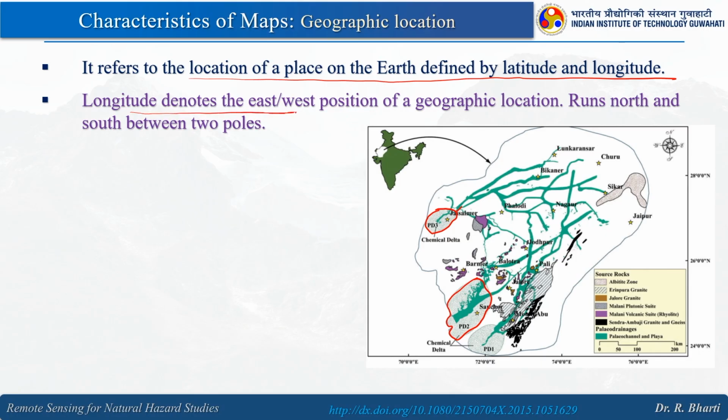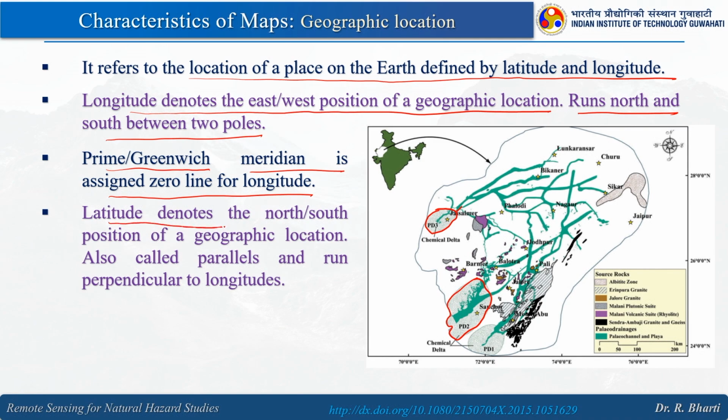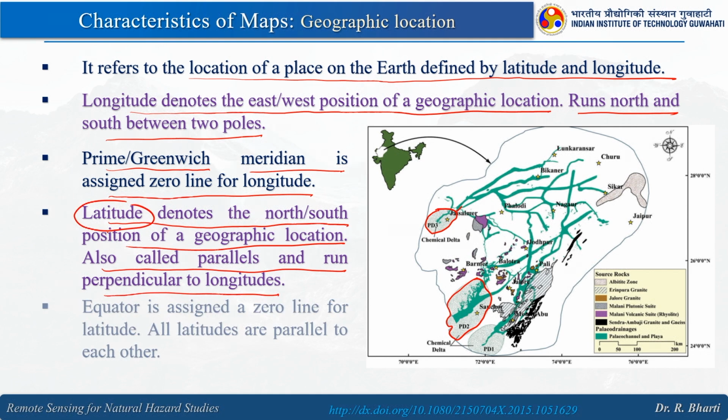Longitude denotes the east-west position of the geographic location, and runs north and south between the two poles. The Prime Greenwich meridian is assigned as the 0 line for longitude. Latitude denotes the north-south position of a geographic location, also called parallels, and runs perpendicular to longitude. So, this is latitude. The Equator is assigned as the 0 line for latitude. All latitudes are parallel to each other.